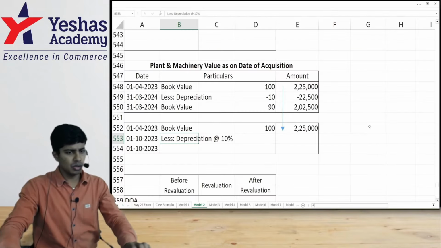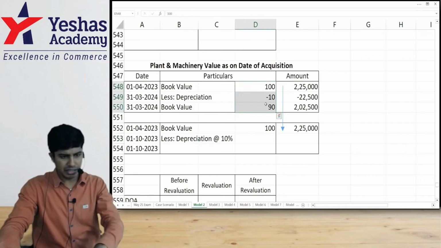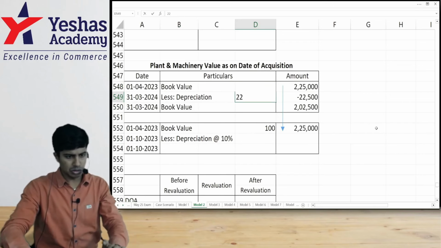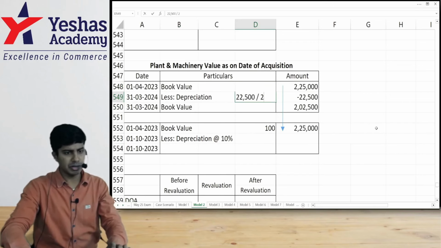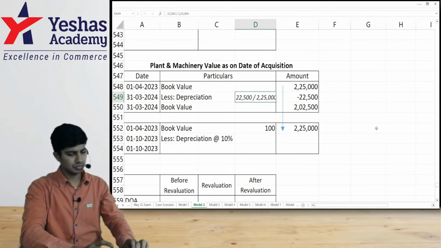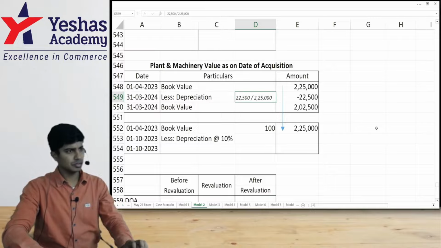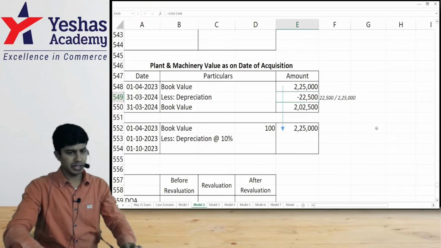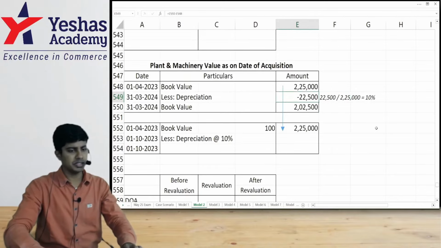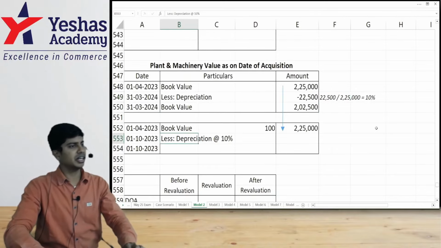So instead of writing 100, 10, and 90, what I would do is 22,500 divided by 2 lakh 25,000. You understood this? Better off writing here than there. 10% is the rate of depreciation. That is the reason I'm going to depreciate here at 10%.